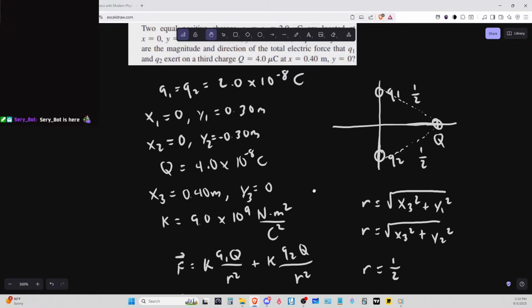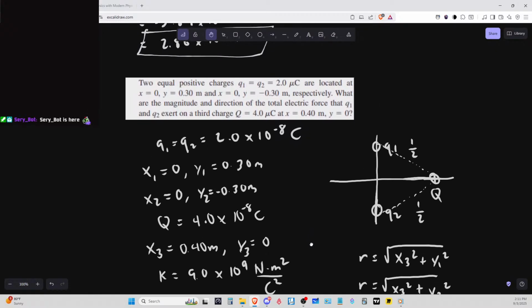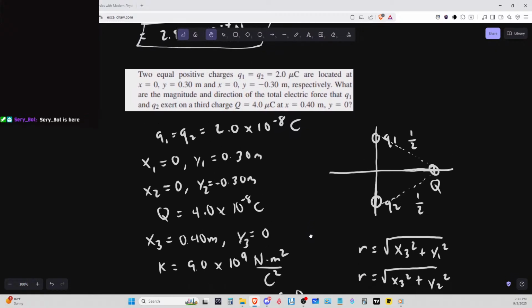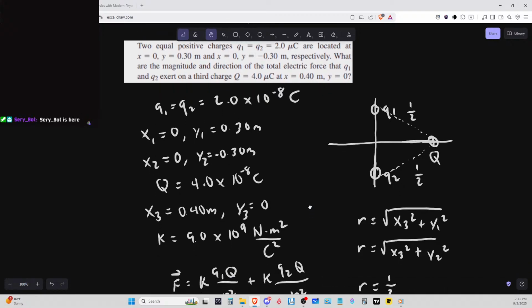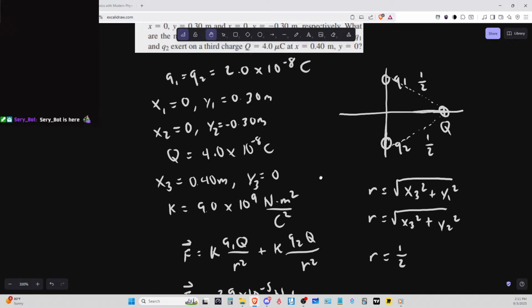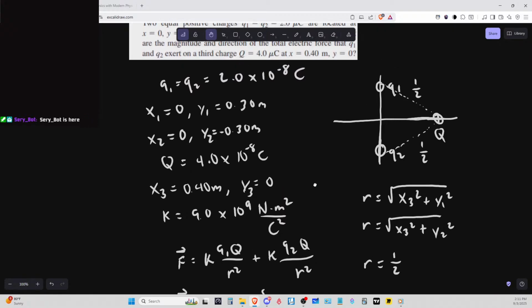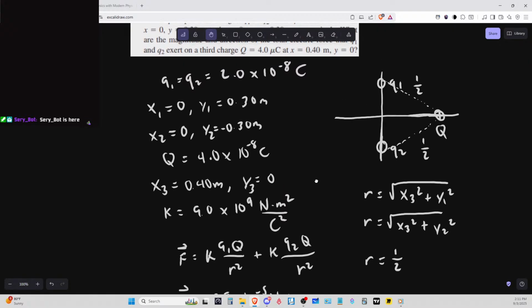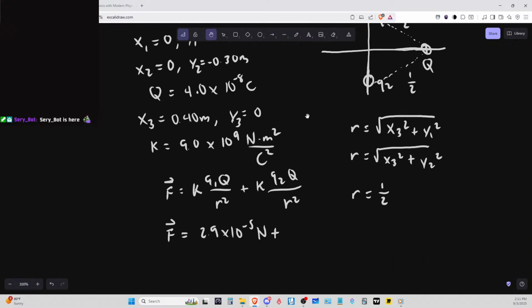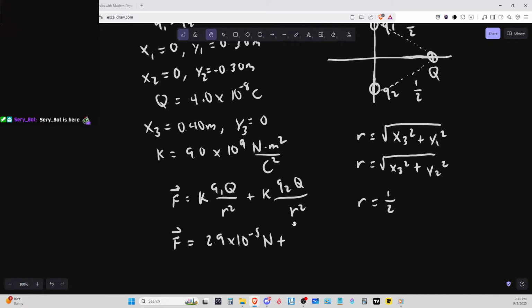They have the same charge, right? Yeah, they have the same charges. So I want to make sure that it's the exact same number. Yeah, I think it's supposed to be the same number, so that's 2.9 times 10 to the 5th newtons.